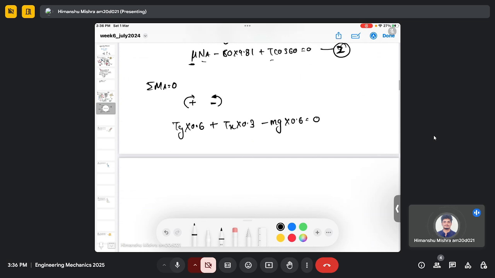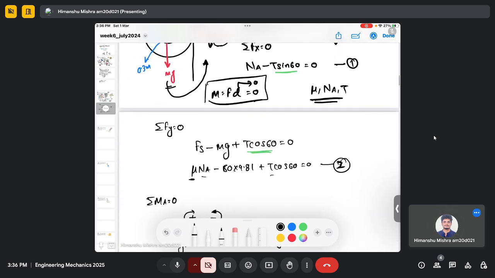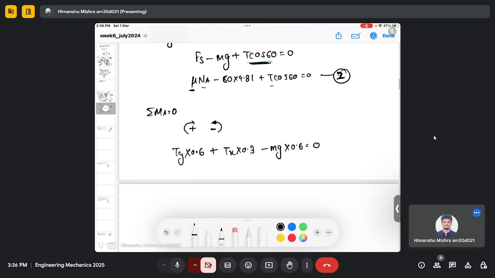My Ty is T cos 60, which we considered in the summation of Fy equation. So it is T cos 60 plus T sin 60 minus 0.6 mg, which is 50 multiplied by 9.81, equals 0.